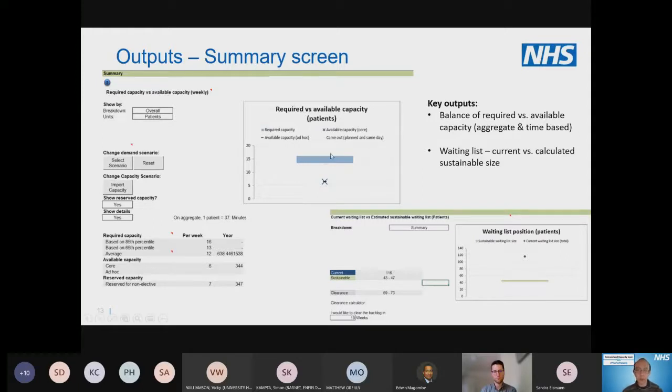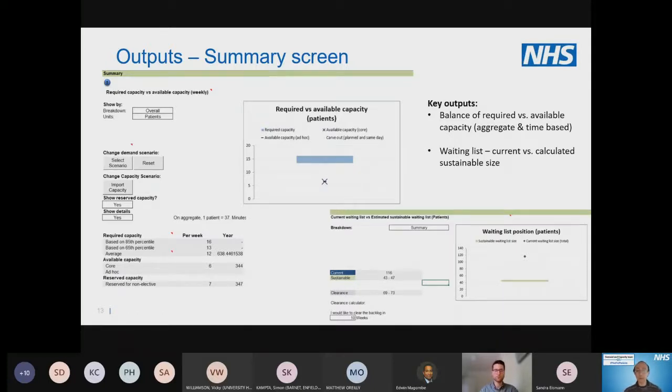One is what you need to provide, the required capacity, adjusted for all the parameters that we just saw. The other is your estimated capacity, based on looking at, for example, your clinics and how many weeks a year they're running and such like. Basically you want the cross to be somewhere in the blue bit.